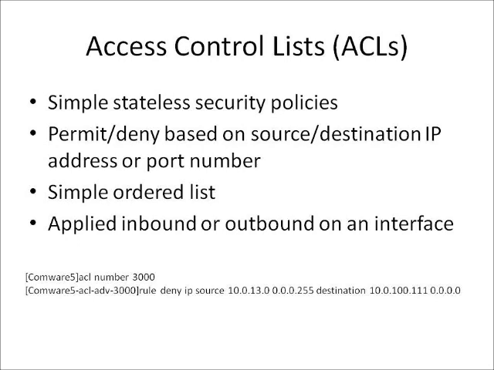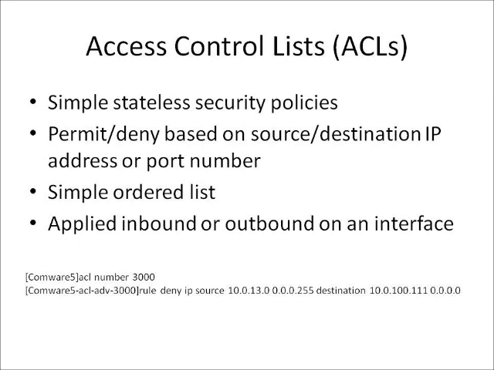To preview that a little bit, layer 4 would say that two devices can either talk or not talk to each other based upon either TCP or UDP. And then if we move to layer 5, this is where protocols like FTP or HTTP are defined. And so a router could say, hey, these two devices can talk to each other on HTTP, but they can't use FTP to talk to each other.